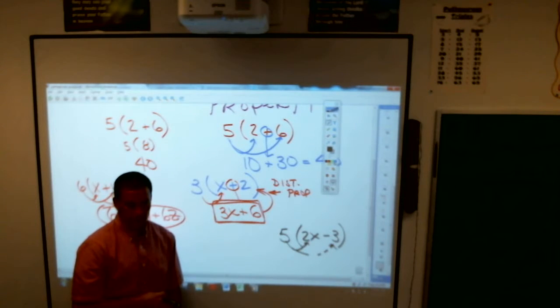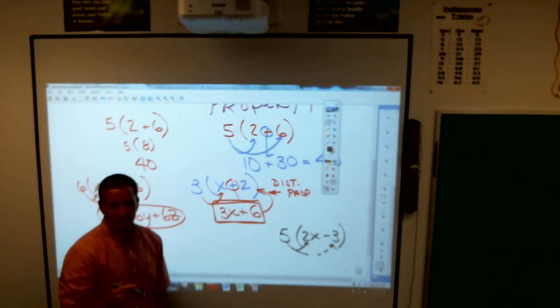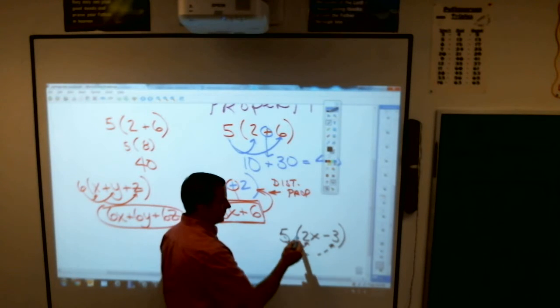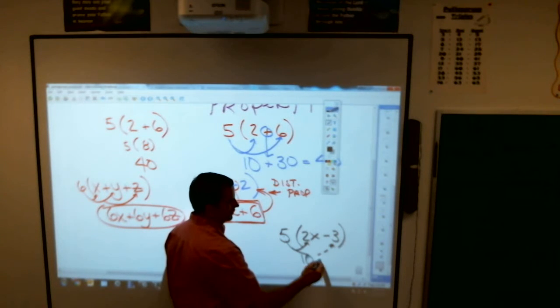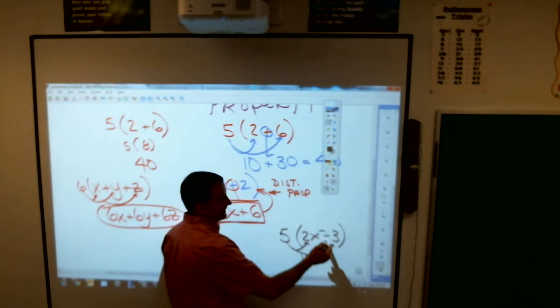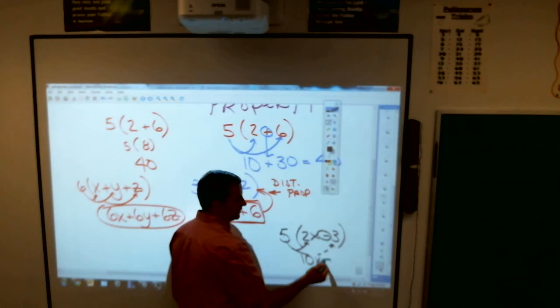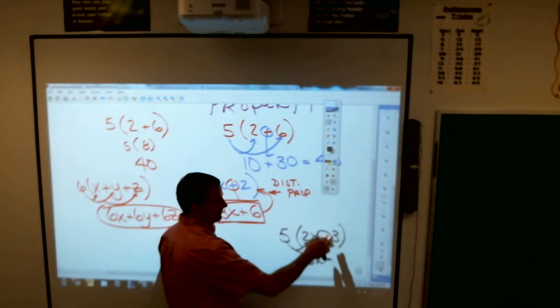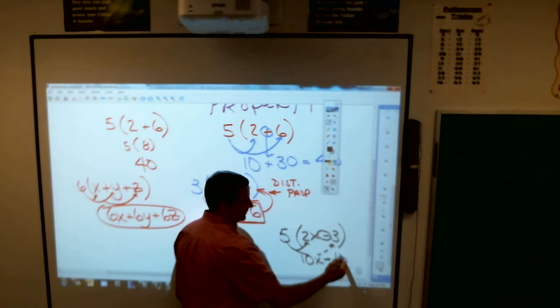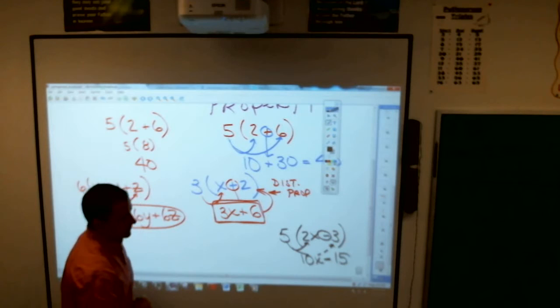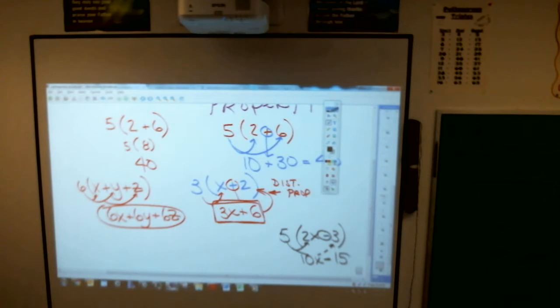Abram? What is 5 times 2x? 10x, yes, because you can multiply the numbers together. 5 times 2 is 10, you get 10x. Now this time it's a minus sign there, so that's what goes here, not an addition sign. And then 5 times 3 is 15. 10x minus 15.